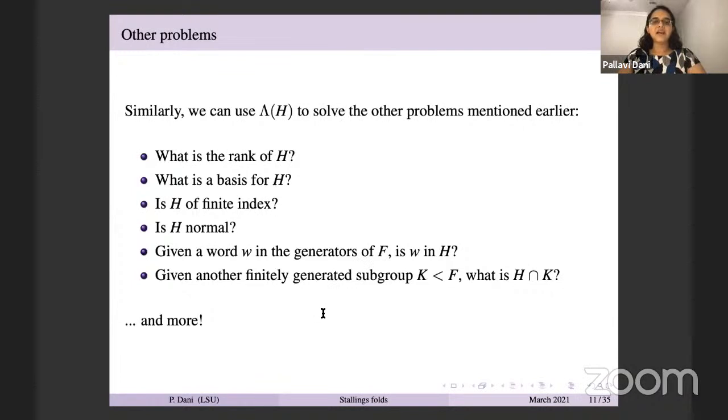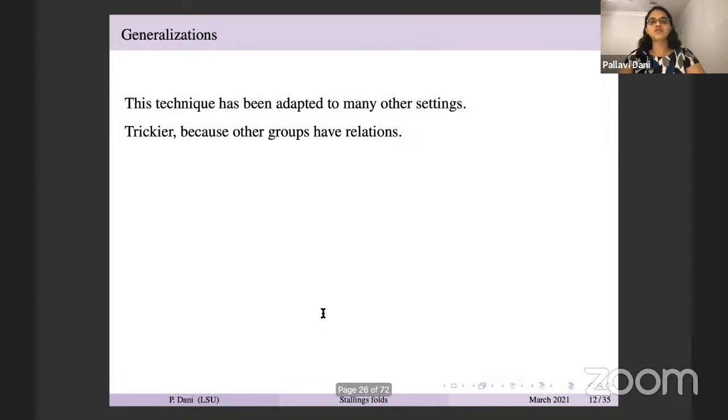And as I said, not only has this been influential in thinking about free groups, it's also been generalized to many other settings. But it becomes a little bit trickier when you have anything other than the free group, because other groups have relations. The whole point is that this lambda H, the object you have at the end, is supposed to encode all the information about the group.